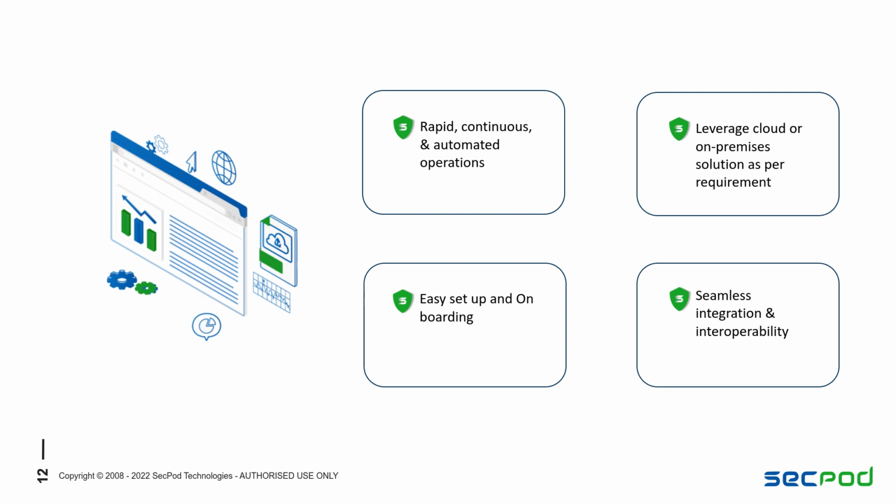You can leverage the cloud or on premise solution as per your requirement. So, if you have a cloud infrastructure that we are hosting, you have zero infra cost. And for an on premise setup, the data will not leave the premise.